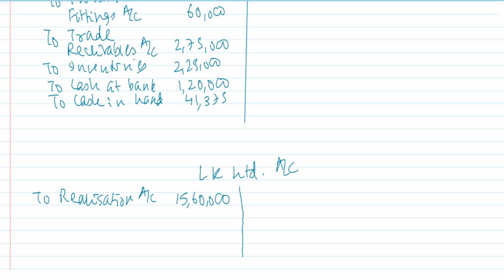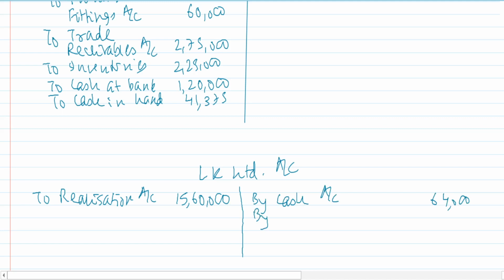My next accounting entry will be for settlement of the purchase consideration. So LK Limited is going to give us cash, and equity shares. So cash account debit, equity shares debit, preference shares debit to LK. So by cash account, 64,000.